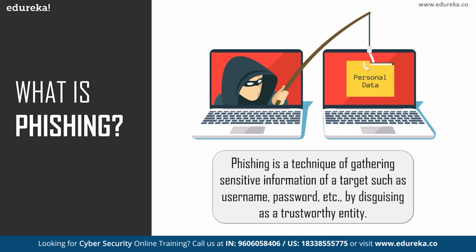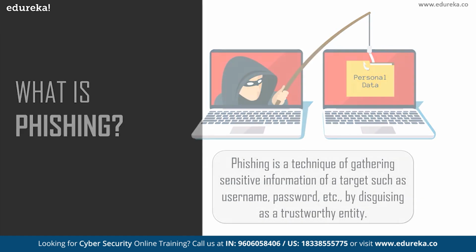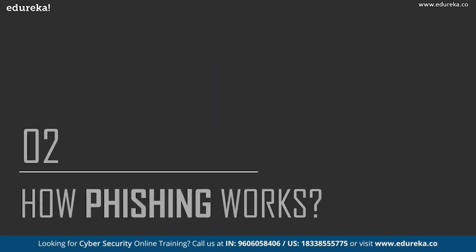As I told you previously, if you are entering any sensitive information, maybe your card details, onto a trustworthy website, you wouldn't be hesitant. So in phishing attacks, a hacker disguises himself as a trustworthy entity, then he tricks you into entering your sensitive information into that fake web application. So this is phishing. Now let us see how phishing works.